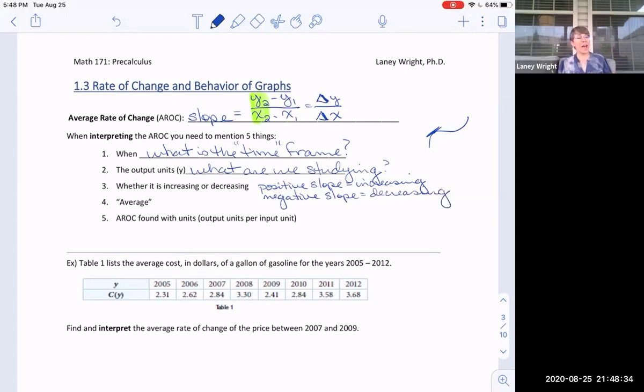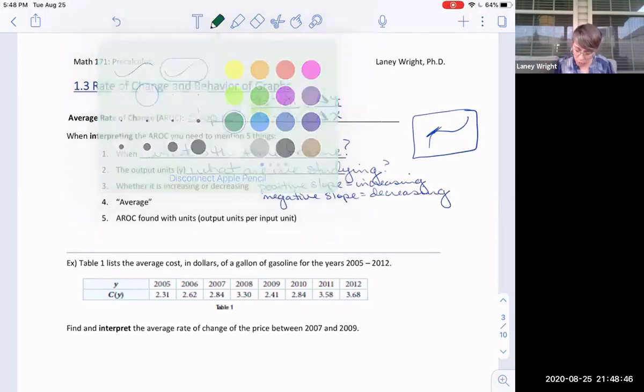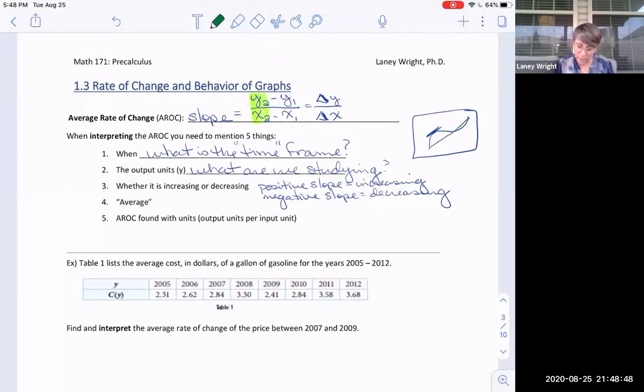You also want to say the word average, because again, looking at this picture here, things can fluctuate. You know, blood pressure can go up and down, but you are looking at the overall average from one point to the next. So you need the word average because it doesn't mean that every equation is linear and there's a constant change.